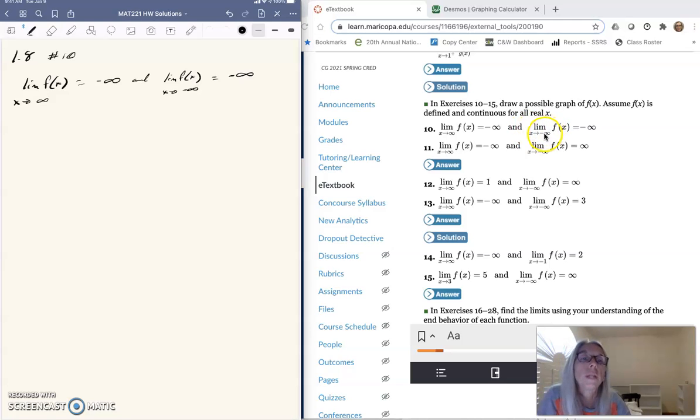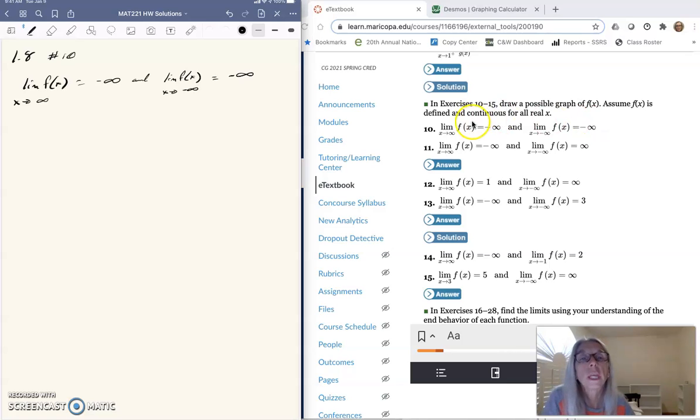We're also told that the limit of f(x) as x approaches negative infinity is equal to negative infinity. In other words, as x gets larger and larger in the negative direction, the function will start to approach negative infinity on the left side as well.